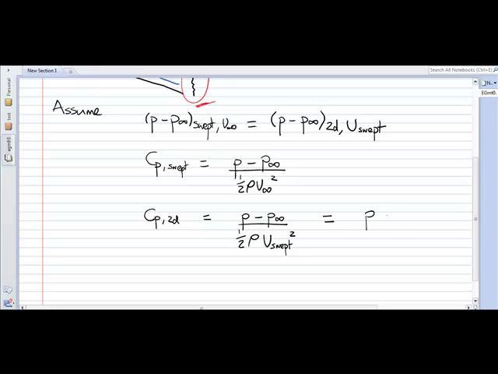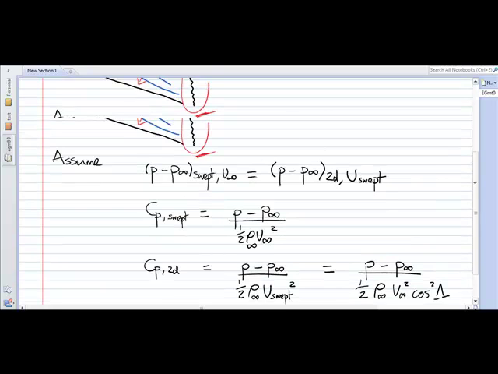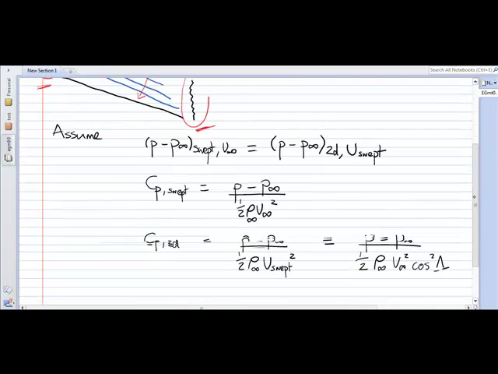And we know that we can sub in for u swept: it is a half rho, really these should be rho infinities, half rho infinity u swept, and this is u infinity squared cos squared lambda, from our definition up at the top, up there.